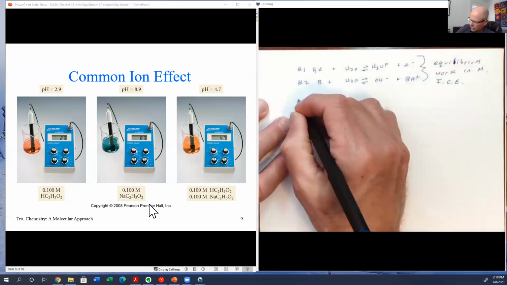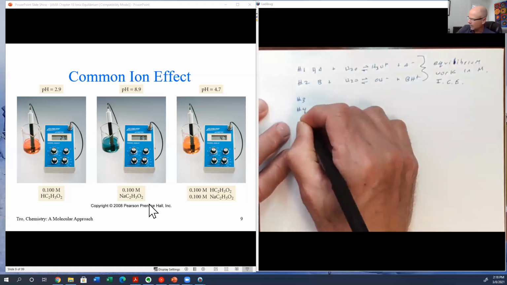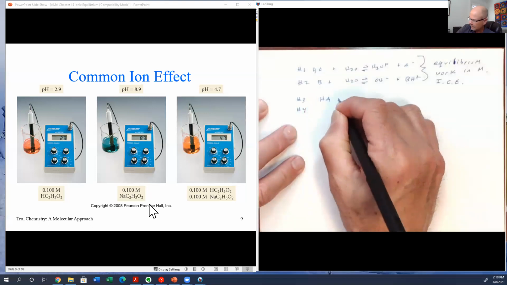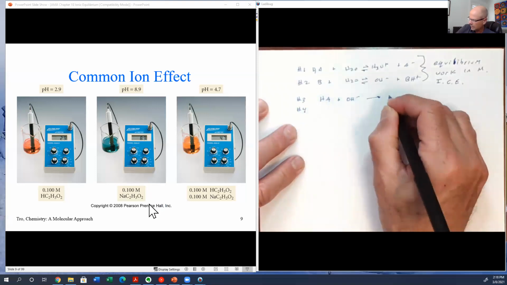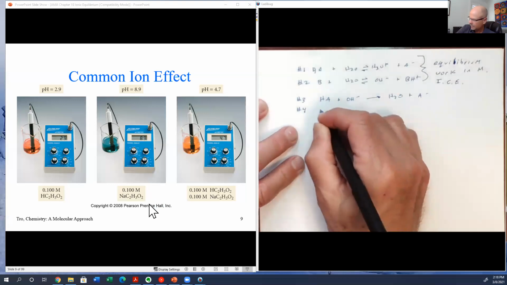The other 2 equations are neutralization equations. And the 2 I just gave you, I'm going to write them out one more time. It's the one for a weak acid being neutralized by a strong base. That's going to form H2O plus A minus.